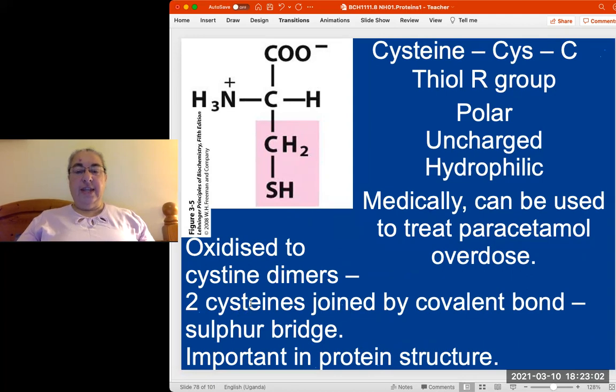So two cysteines together, joined by their sulfurs, a covalent bond between the two sulfur atoms is called cystine, and that's the form that's usually found in proteins, and it can form a fixed tie between two parts of a protein, as we'll see. Medically, the sulfur in it makes it useful in treating paracetamol overdoses and important in forming protein structure.